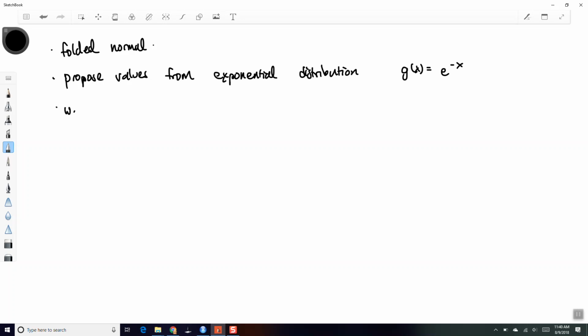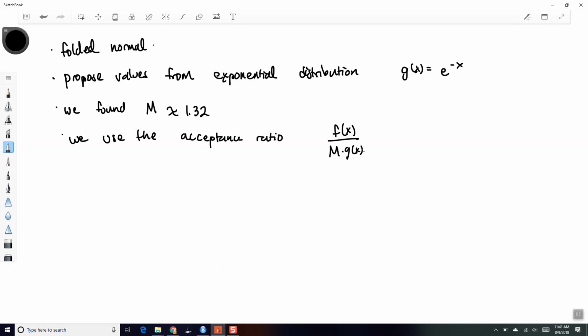And then we found m, which is around 1.32. And then we use the acceptance ratio, which is f of x divided by m times g of x.